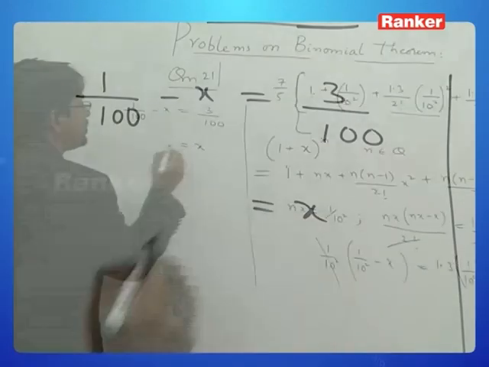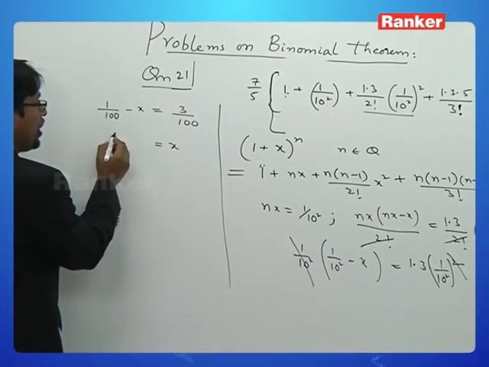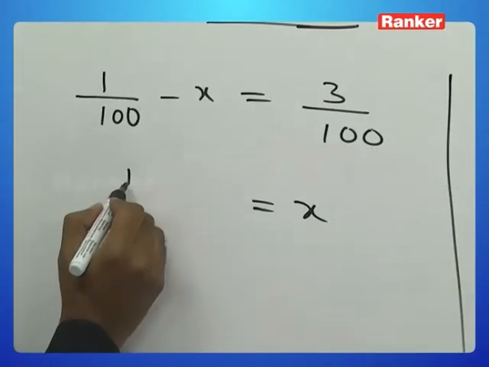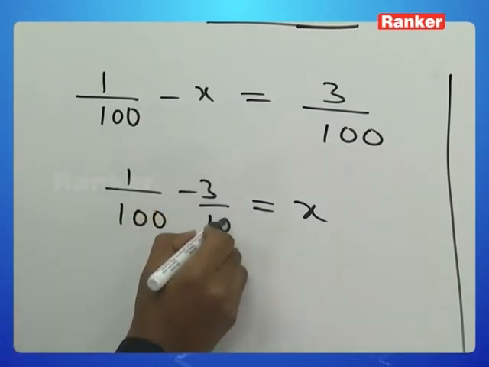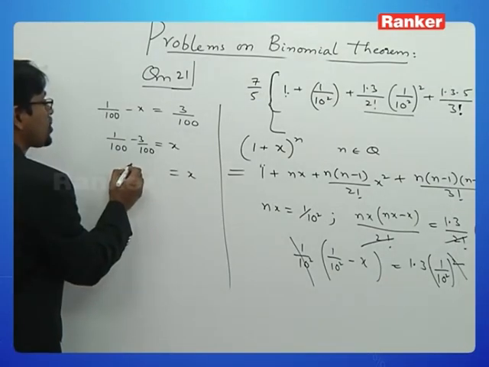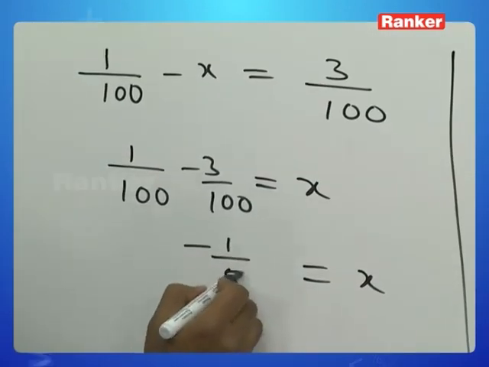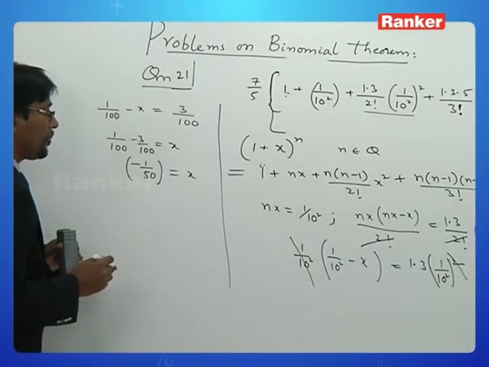X is equal to 1 by 100 minus 3 by 100. That makes it x is equal to minus 2 by 100, that is minus 1 by 50. X is equal to minus 1 by 50.